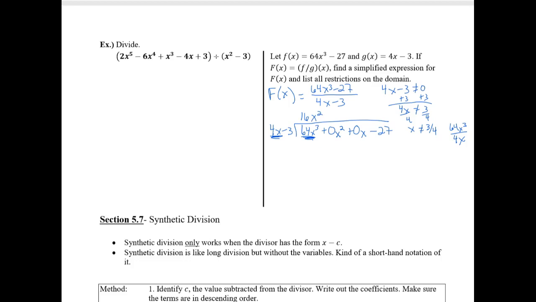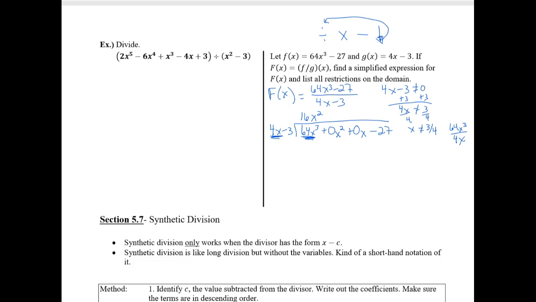So that's what I write up top. 4x fits into 64x cubed 16x squared times. So the steps are always divide, multiply, subtract, bring down the next term, go back to divide.